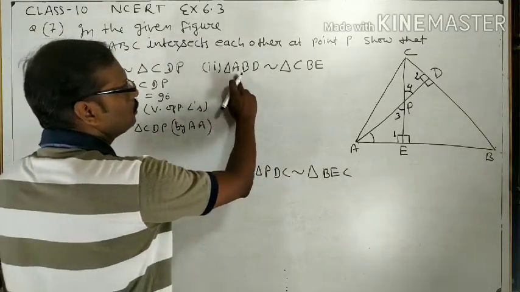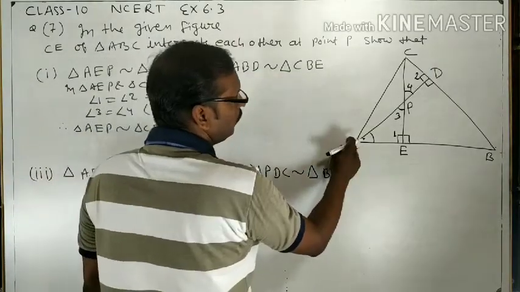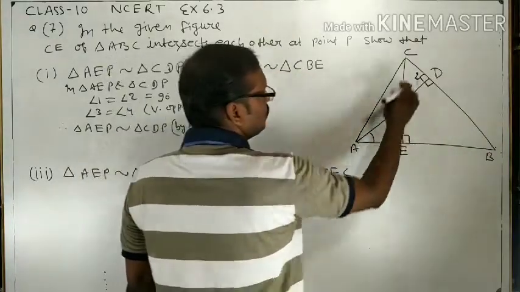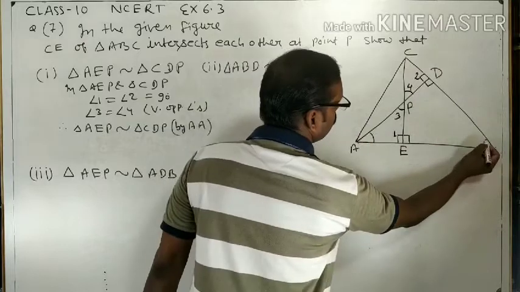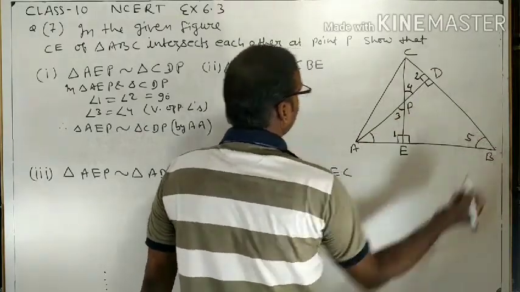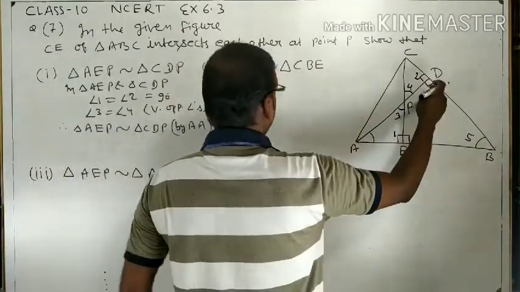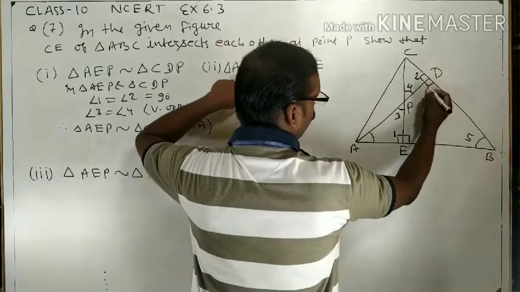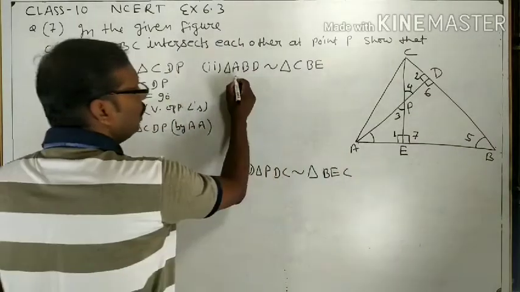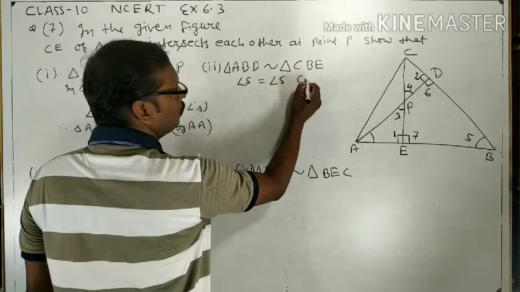Now similarly, part 2: triangle ABD similar to triangle CBE. We see that in both triangles angle B is common. Let it be angle 5; in triangle ABD suppose this is 6 and this is 7. So angle 5 equals angle 5, common.